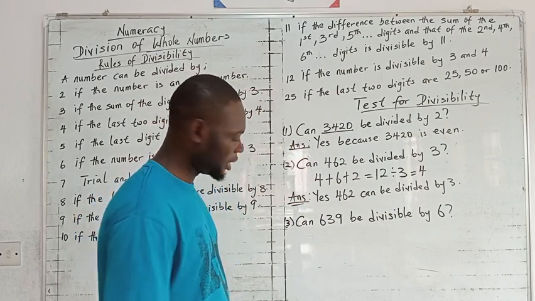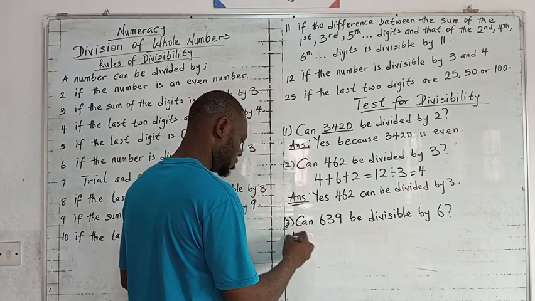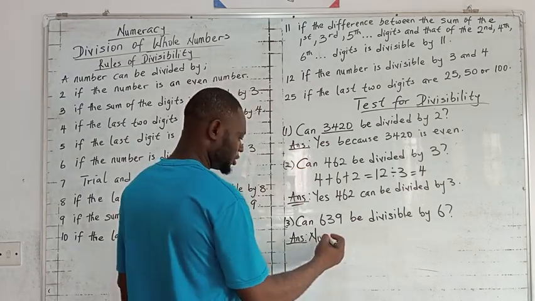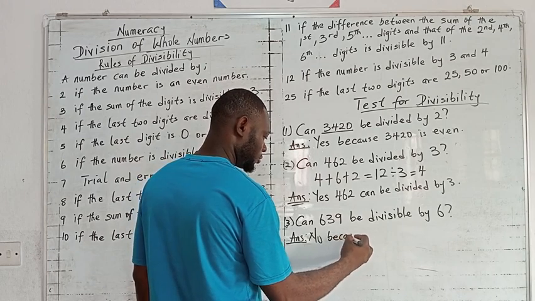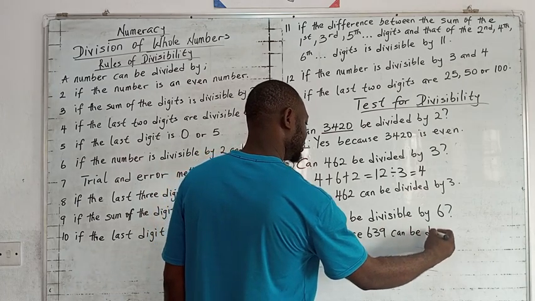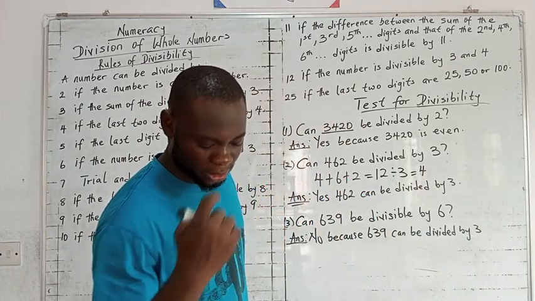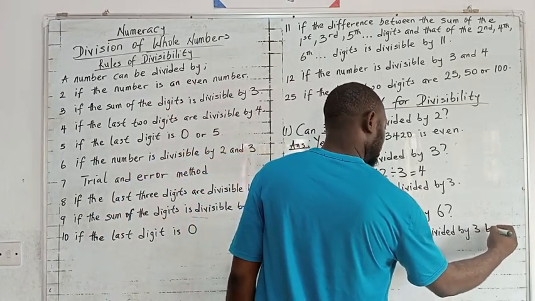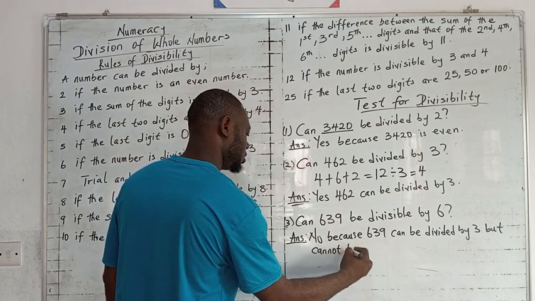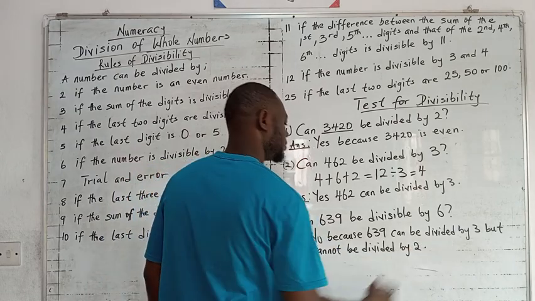Okay? So we say here, no. Because 639 can be divided by 3, but cannot be divided by 2.